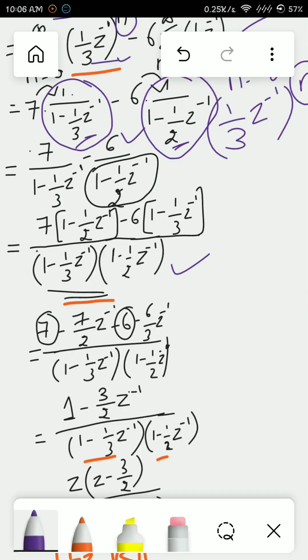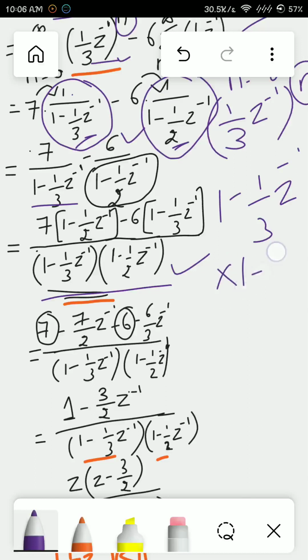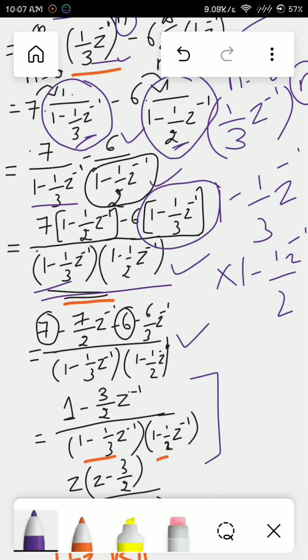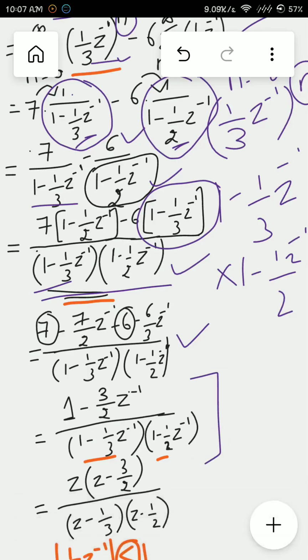Because for 1 minus 1 by 3 z inverse, which is present over here, I need to multiply by 1 minus 1 by 2 z inverse, and for the other one I need to multiply by 1 minus 1 by 3 z inverse. I simplified this, got the resultant, and also wrote it in terms of the z transform.